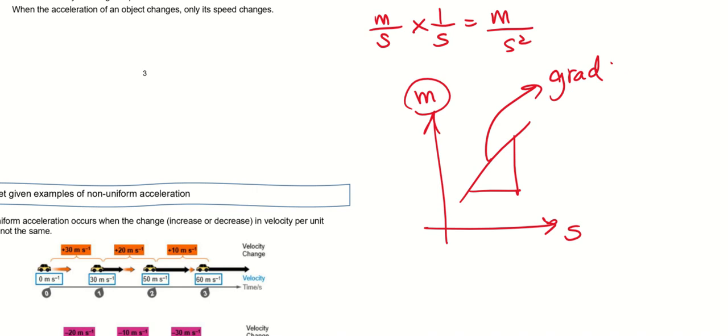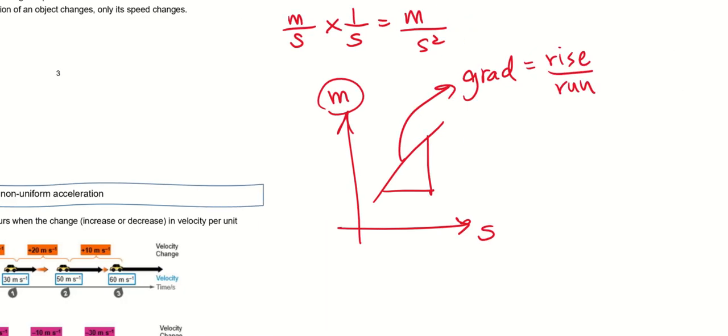Rise over run, or y2 minus y1 over x2 minus x1. Still with me? So gradient is either rise over run or y2 minus y1 over x2 minus x1.